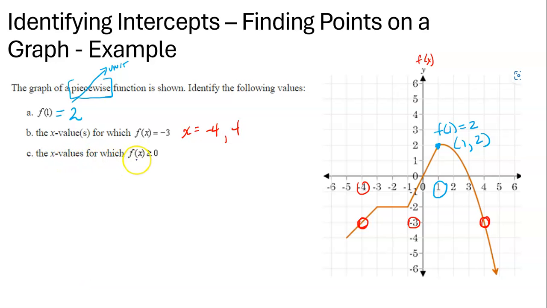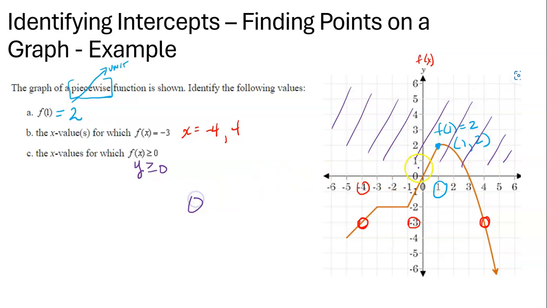And then it says for which values is f(x) or y greater than 0. So we're looking at everything on this side, so it would be from 0, because it starts here, is less than x is less than or equal to 3. So it's between 0 and 3 that it's above the line.